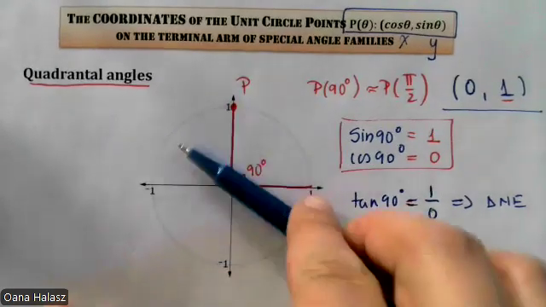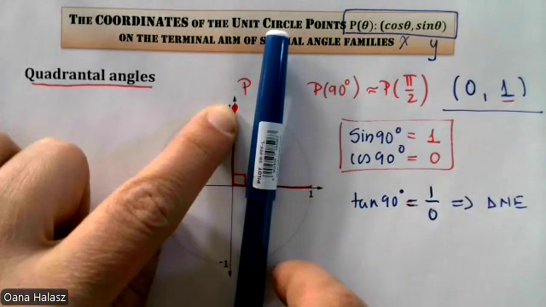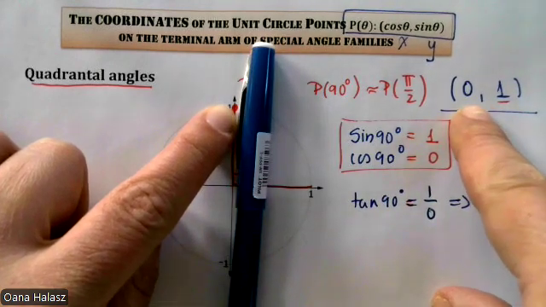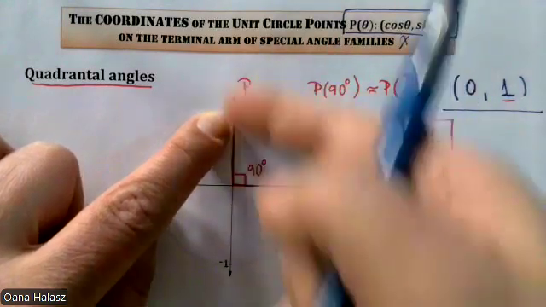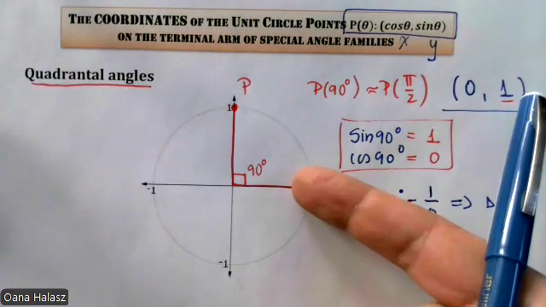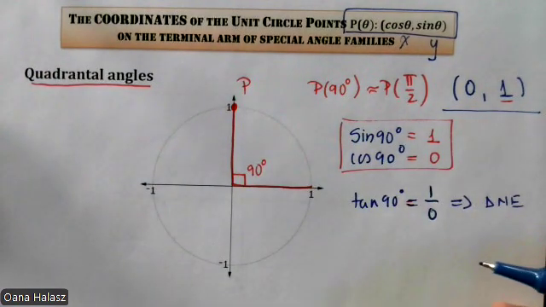Because if you just rotate, but then you end up in the same position, the point will be exactly the same, right? Does that make sense? So you're still going to end up in the same situation as doing 1 over 0. You cannot divide by 0. And it doesn't matter, as long as your terminal arm is in the same position, you have again the same values for your sine and cos. Therefore, the tangent values will be undefined at all of those angles.